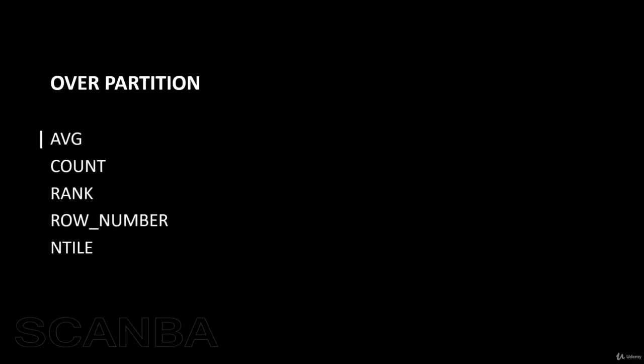Combined, the function is called over partitioning. We will demonstrate how to calculate average on the subset of data, count the number of records in the subset, calculate rank of the record, show the row number, and split the data into a fixed number of subsets or tiles.